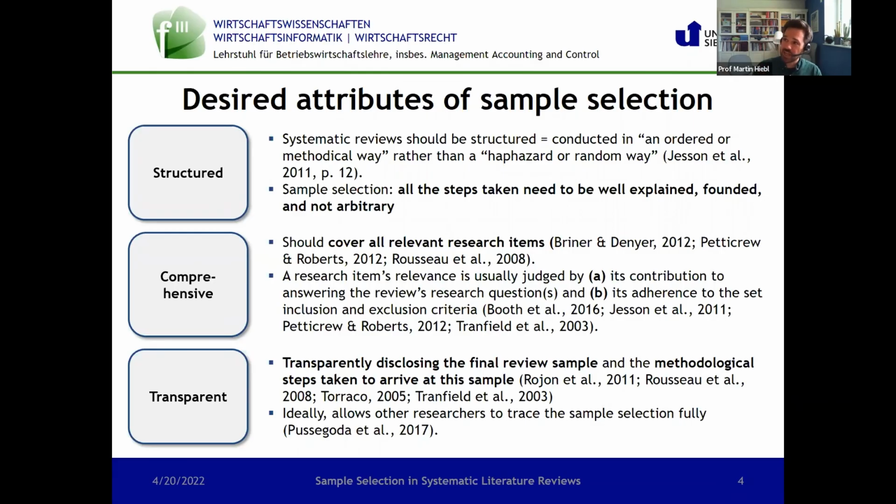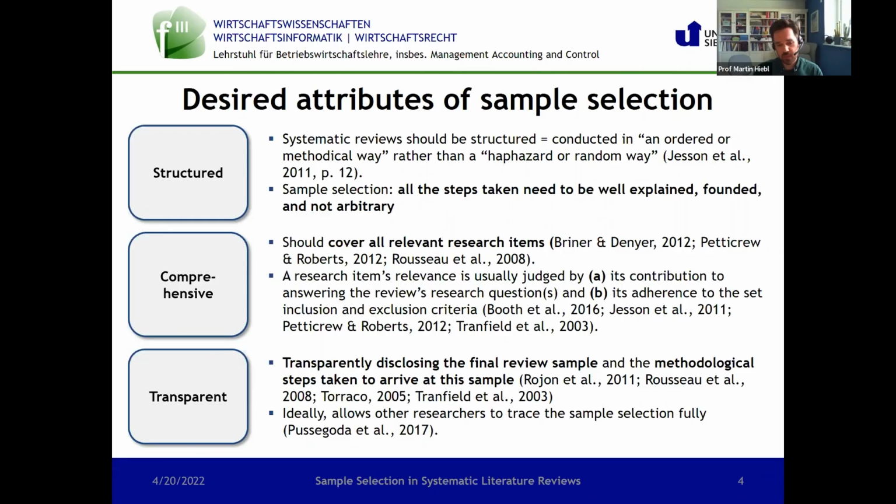They should be at least able to trace what you've done, because even if you report on all those steps in a very transparent manner, if you have a very structured approach, if you have a comprehensive review sample, it might still be that some subjective choices are to be made by you and your co-authors potentially, which means that you can either go right or left way, and this will prevent full replicability, but it will at least allow the reader to trace what you've done.